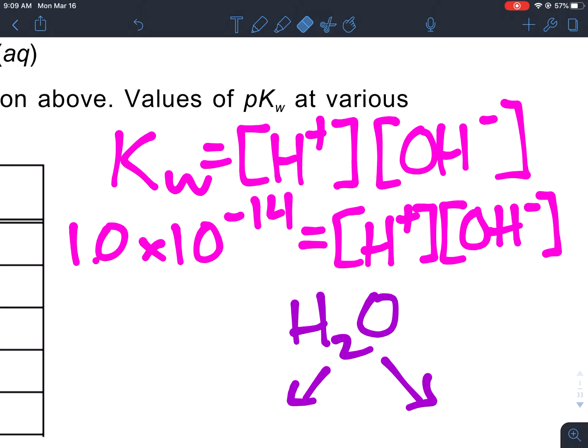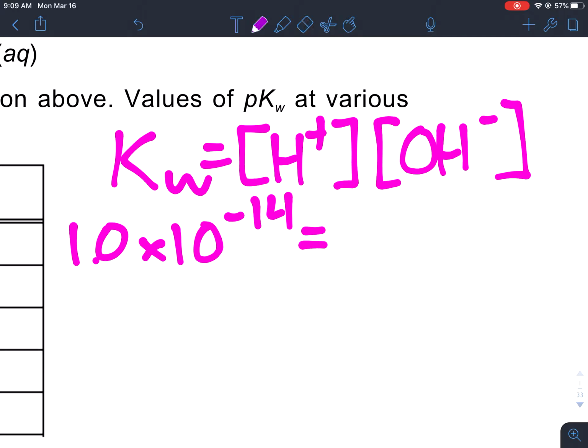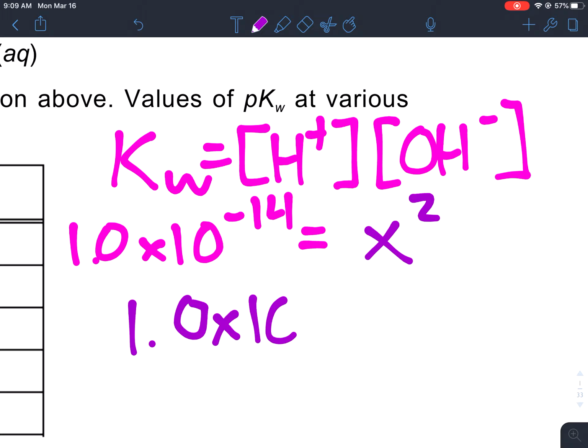So the point is this ends up being x squared, right? So the square root of this number is 1.0 times 10 to the negative 7. So you have 1.0 times 10 to the negative 7 of H plus, you have 1.0 times 10 to the negative 7 of OH minus.